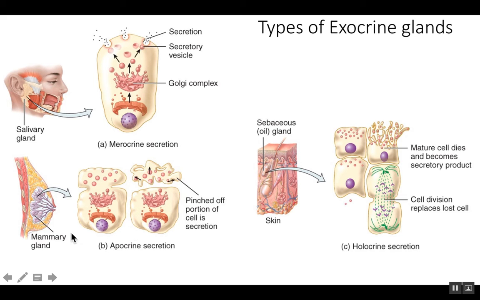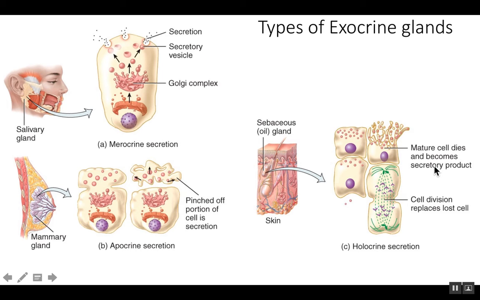Apocrine secretions, such as mammary glands that produce milk, the secretion is made from pieces of cells. So the difference is it's not exocytosis, but instead fairly large chunks of the cells of the gland pinch off and become a portion of the secretion. And then finally, holocrine secretions, the entire cell matures, dies, and then becomes the secretory product.